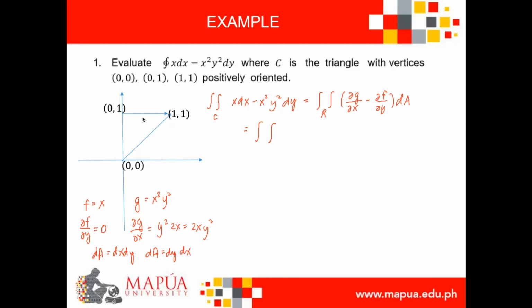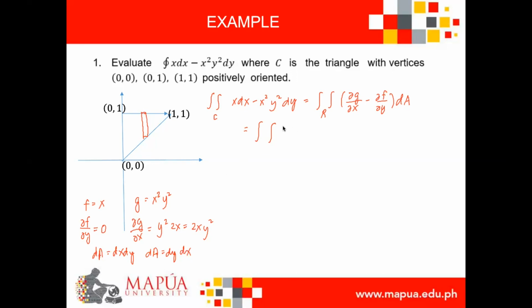If I will use a vertical strip, I would have dA to be dy dx. If I will use a horizontal strip, I will have dx dy as my dA. So if I will now use this vertical strip, again, I will use dy dx. So I will use this one.